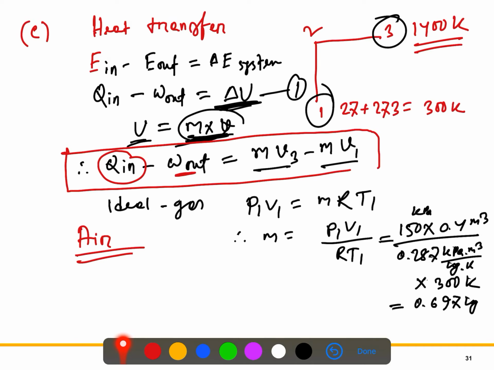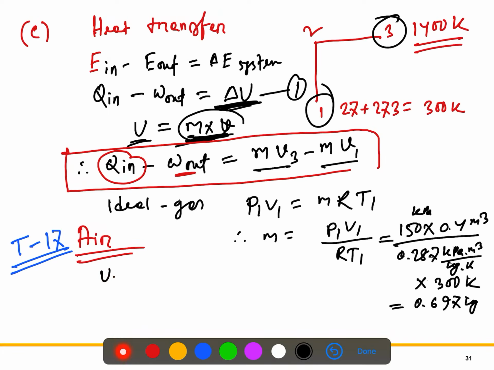So it is actually table A17, the appendix, from your textbook that I told you. From table A17, it is for the air properties, internal energy for air.